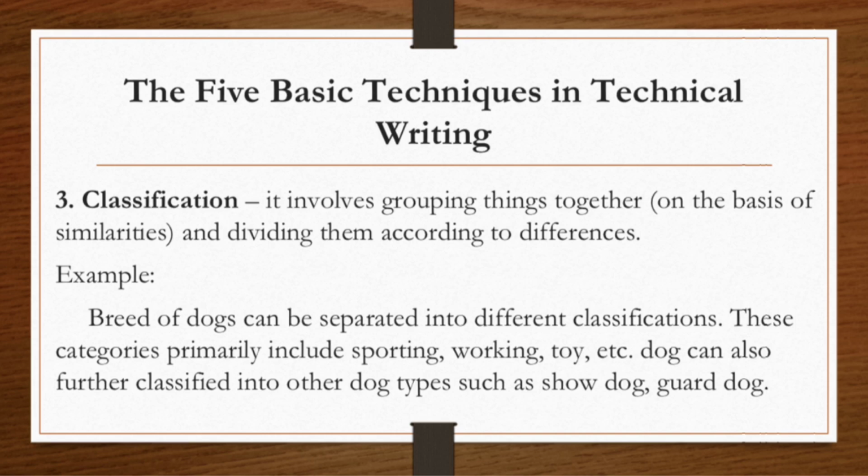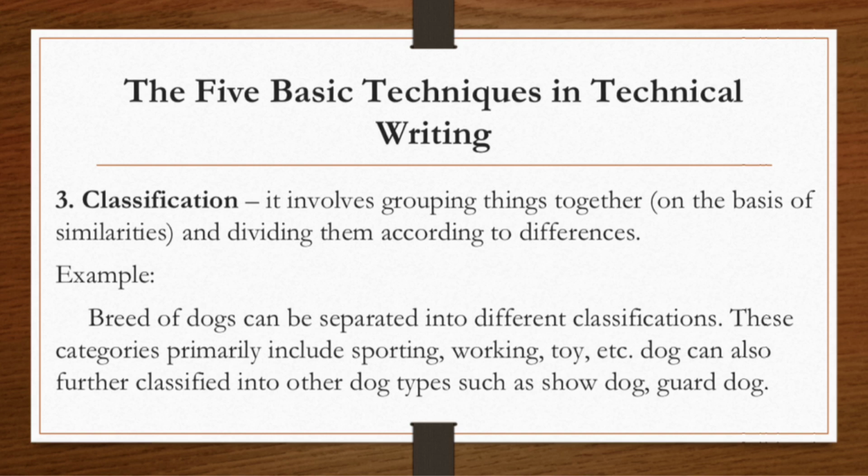Number 3 is classification. It involves grouping things together and dividing them. So grouping things together according to their similarities and dividing them according to their differences. Classification assists in the complete consideration of a topic.